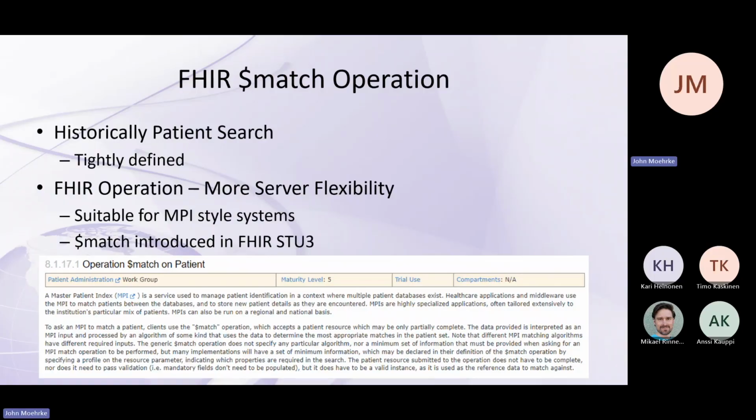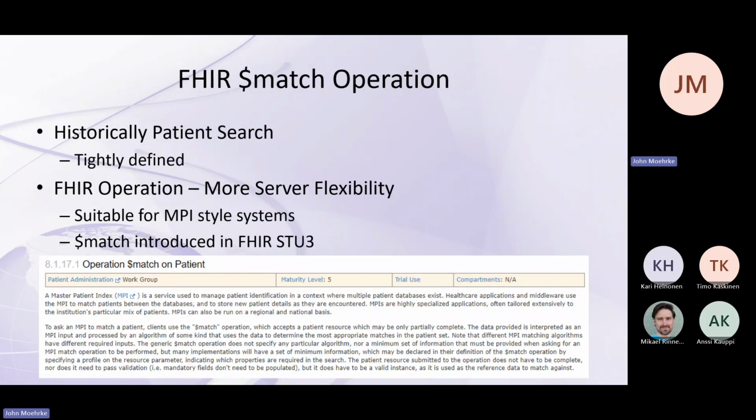So the $match operation enables us to say, just have the client send everything that it has. It doesn't have to think about what it wants to provide. It just says, this is everything I have. The server then has more flexibility to apply search capabilities. The server can focus in on just one thing. It can focus in on a bunch of things.